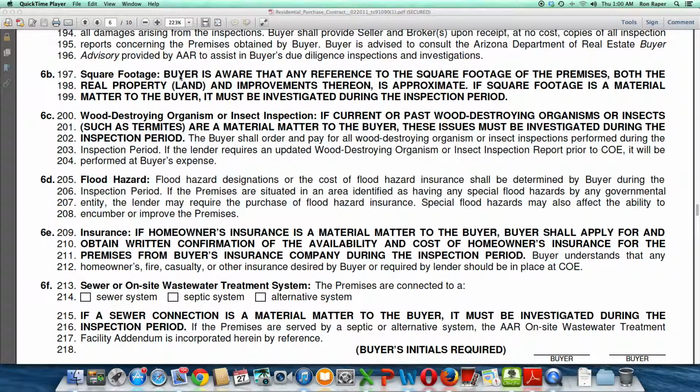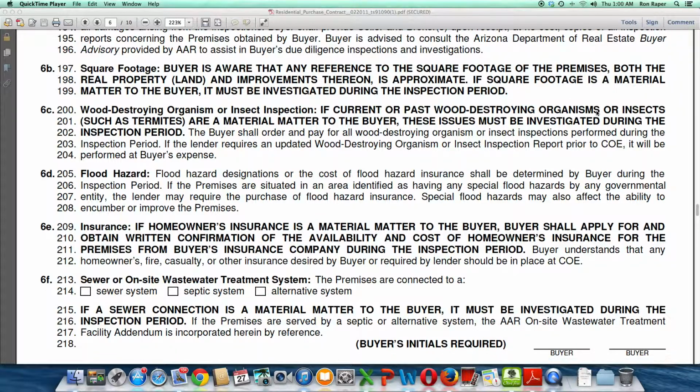Square footage. Buyer is aware that any reference to the square footage of the premises, both the real property, land, and improvements thereon, is approximate. If square footage is a material matter to the buyer, it must be investigated during the inspection period.